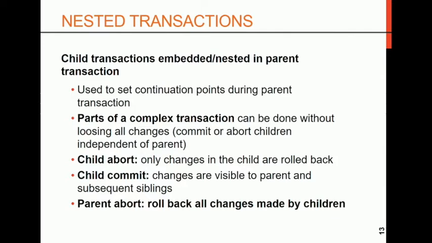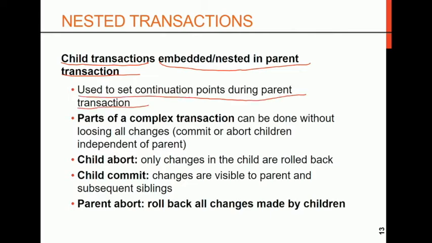There's an overall transaction which defines what the algorithm is, and then all the operations within the nested transaction operate as separate transactions. So in a nested transaction, we call these child transactions, are embedded inside a parent transaction. So it's used to set continuation points during the parent transaction.